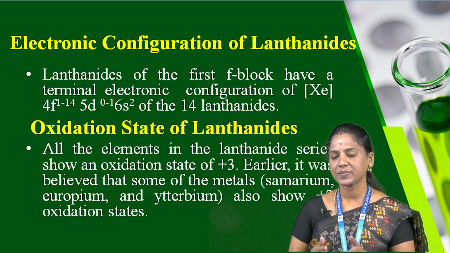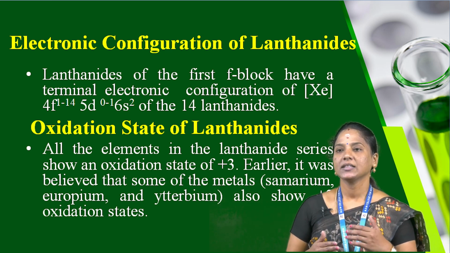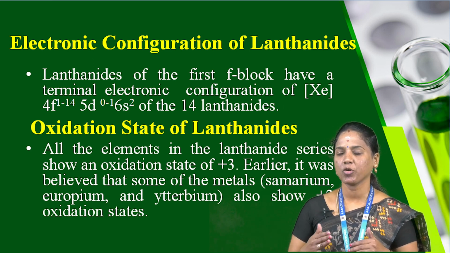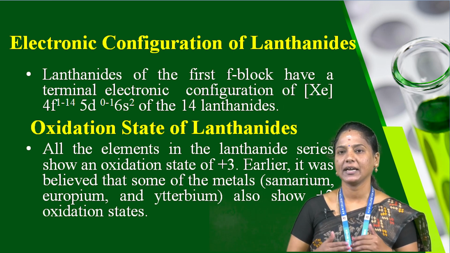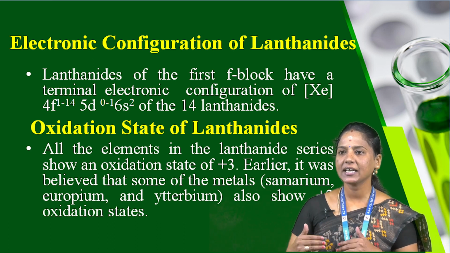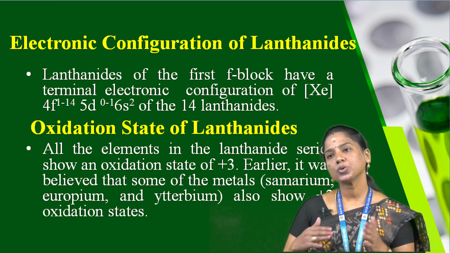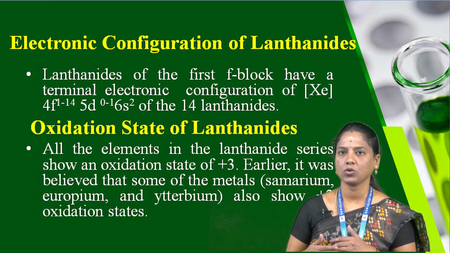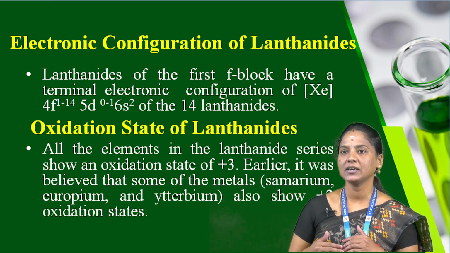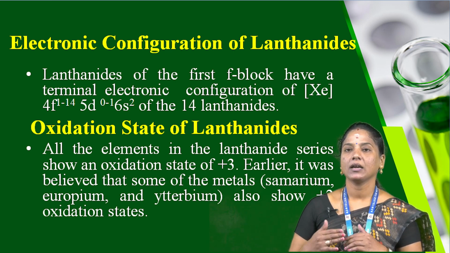The stability of the f subshell affects the oxidation state of the lanthanides in such a way that the +4 oxidation state of cerium is favored, as it is a noble gas configuration, but it reverts to +3. It acts as a strong oxidant and can even oxidize water, although the reaction is slow. The +4 oxidation state is also exhibited by the oxides of praseodymium, neodymium, terbium and dysprosium.